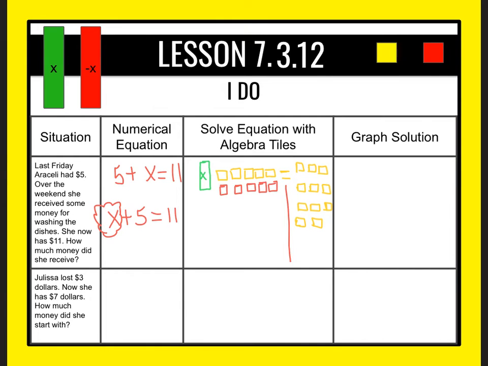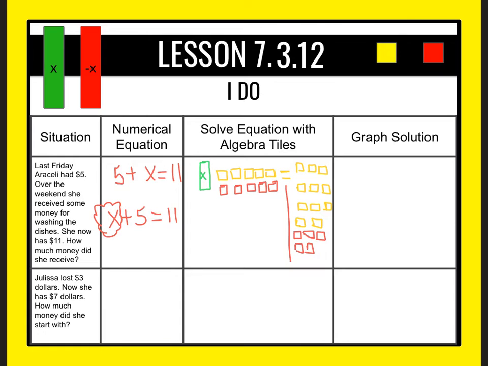I want to solve the amount of money she received. So if I bring in 5 0 pairs or 5 negative, right? What I do to one side, I have to do directly to the other. So 1, 2, 3, 4, and 5.